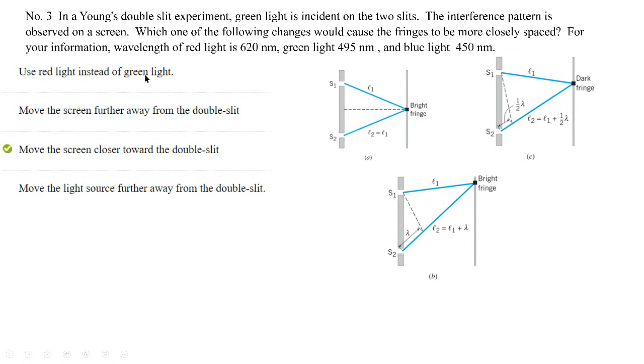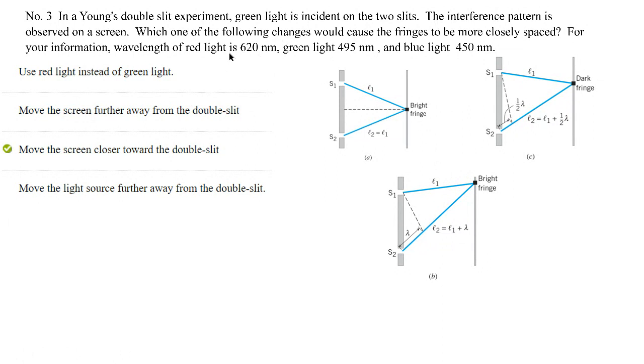If you use red light instead of green light, would they become closer together? That's the question, right? Which one of the following changes would cause the fringes to be more closely spaced? You say, why don't I try red light? But they already gave you a hint. Red light is longer wavelength. Do you remember the formula for the interference?